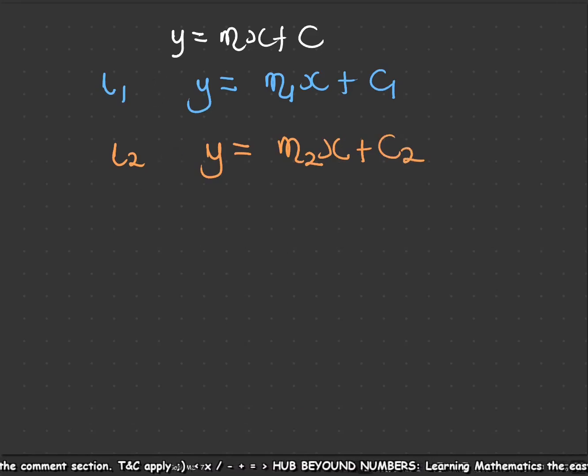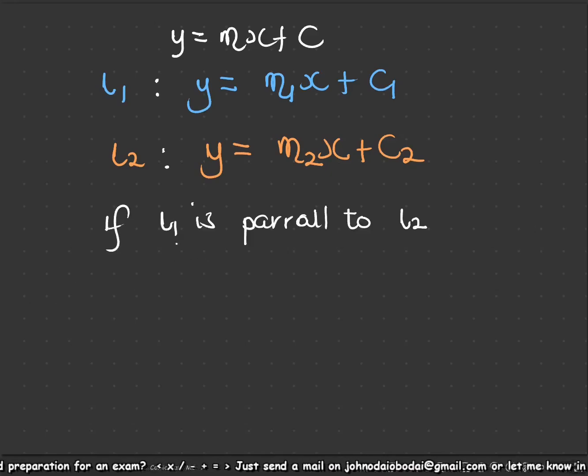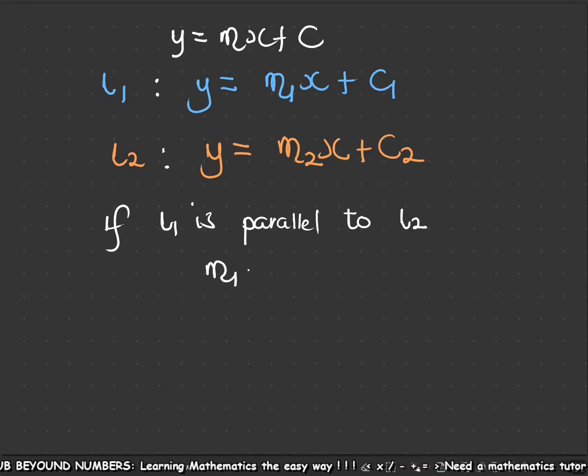So these are two equations of our two lines. Now, if we are saying these two lines are parallel, so if line 1 is parallel to line 2, then all we are trying to say is m1 is equal to m2.